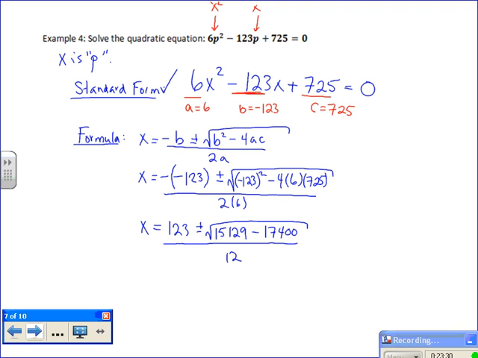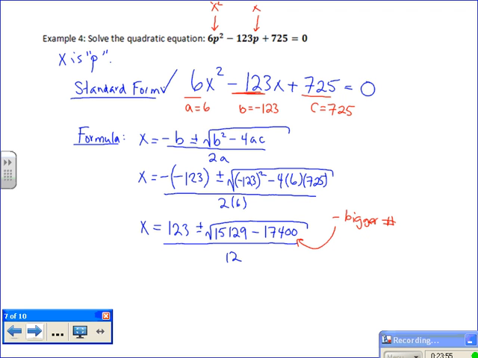What we can recognize right now, we can continue to do the math, but I noticed something. The number 17,400 is bigger than 15,129. So when I do that subtraction, I am going to end up having a negative number, because we are subtracting a bigger number here.